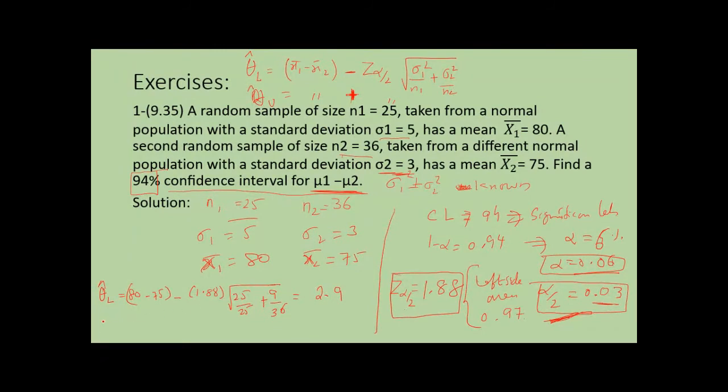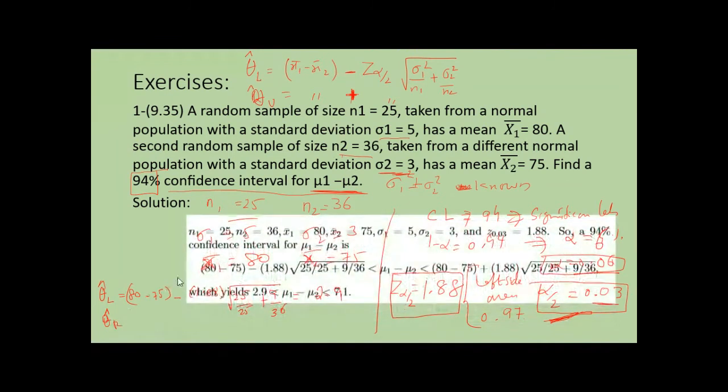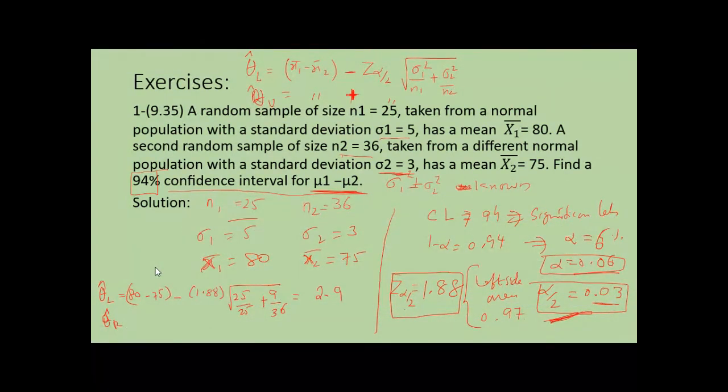Second is the upper limit, that is theta u cap. I call it u. Upper limit is u. Same 80 minus 75, but instead of minus, we use plus. The same terms should be repeated again: under the square root, 25 over 25 plus 9 over 36.